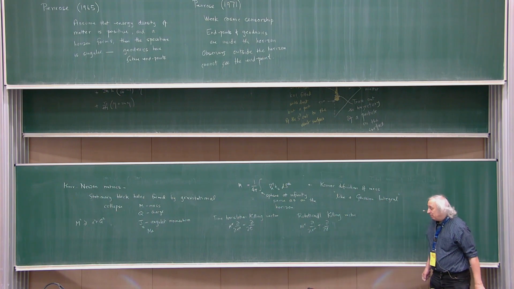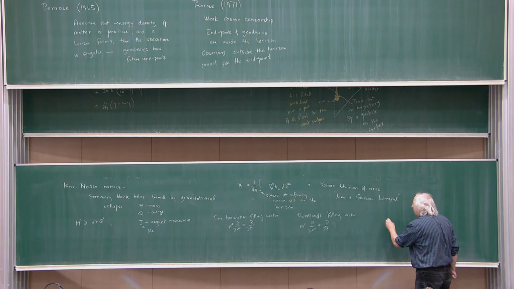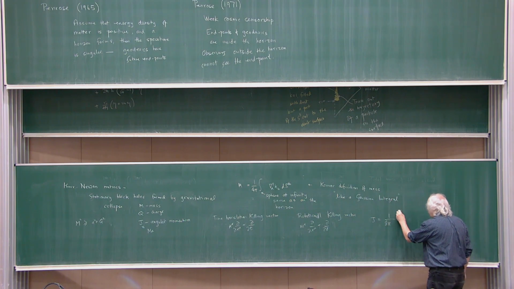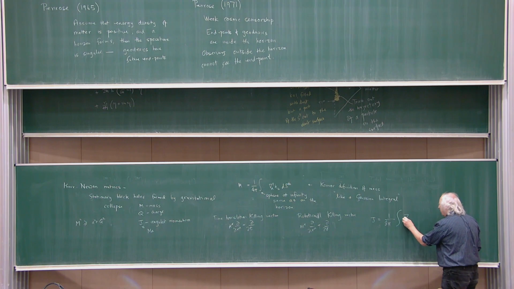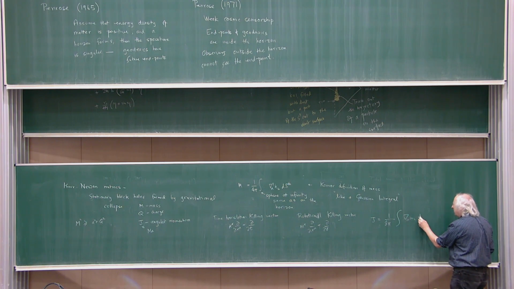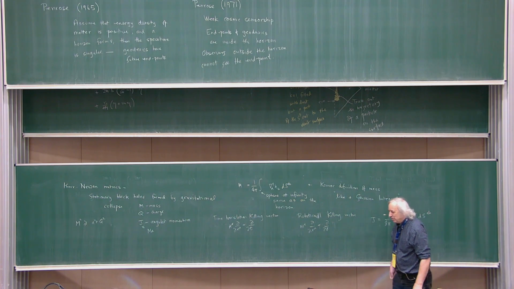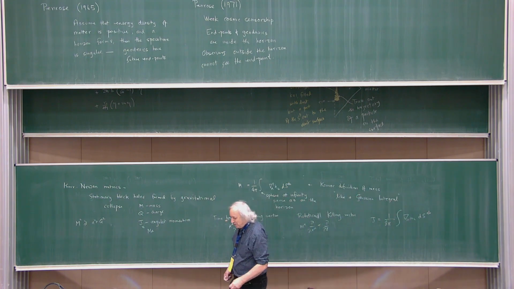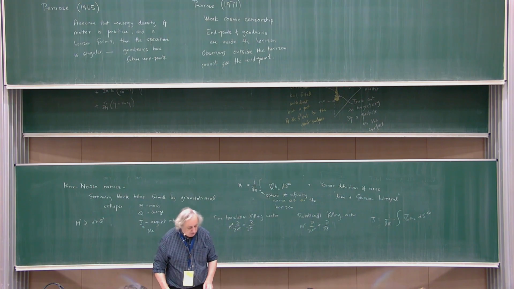And there is a similar Komar integral for J. It's equal to 1 over 8π integral of ∇^a m^b dS_ab. The factor of 2 here is just due to some strange definitions of how things actually get normalized.